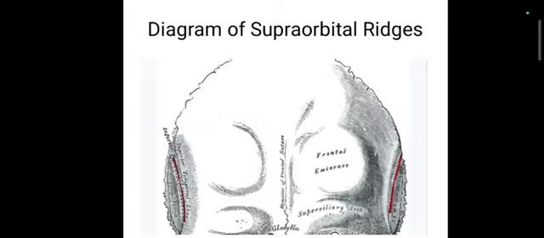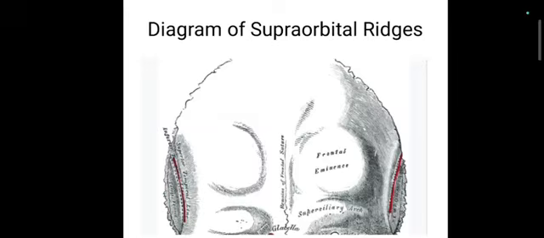It is located above the eye socket, in the part of the eyebrows. It is a very prominent bony arch on the frontal bone, directly above the eye socket. It is often analyzed in conjunction with the glabellar region, which is the area between the eyebrows.